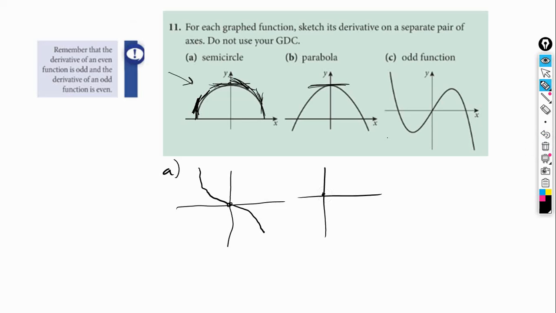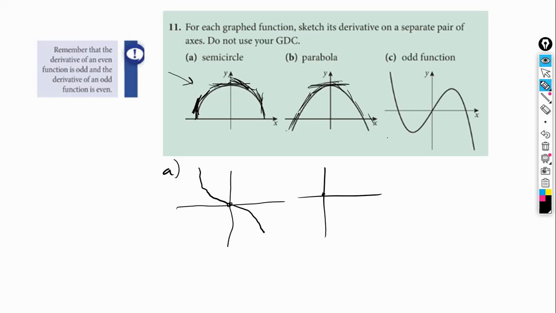All right, so now let's take a look at the slopes. All we care about is the slopes. So positive, positive, positive, and then 0, right? And then negative, negative, negative, negative. So that means that it comes from the positives. Now this is a parabola, so the derivative of a parabola has to be linear.